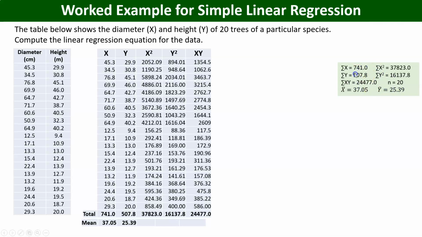So these are the things you need to obtain to be able to do the simple linear regression analysis. If you are doing it manually using a calculator, there are some good scientific calculators that can give you these values directly. Once you input the data, you can just press the necessary buttons to get these values directly without going through the long route of having to compute each of these, value by value.